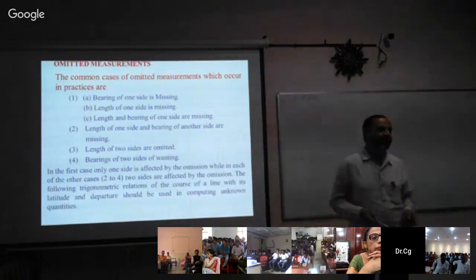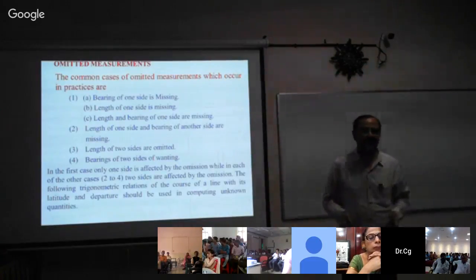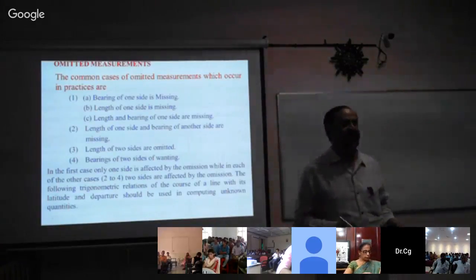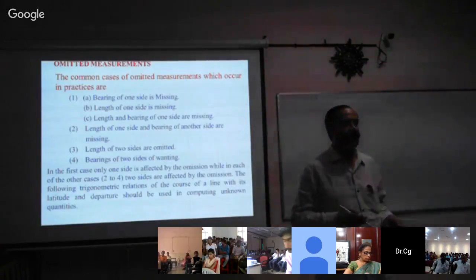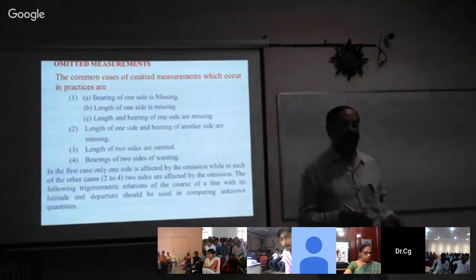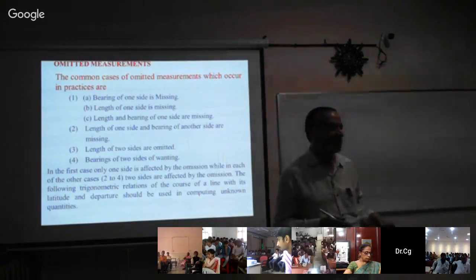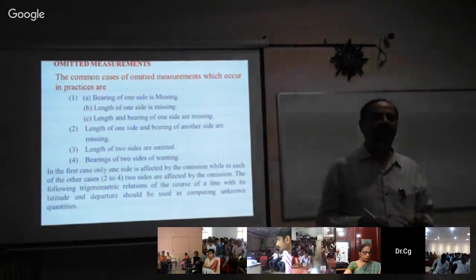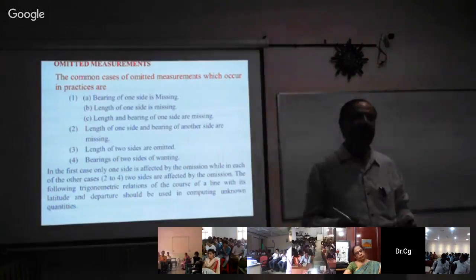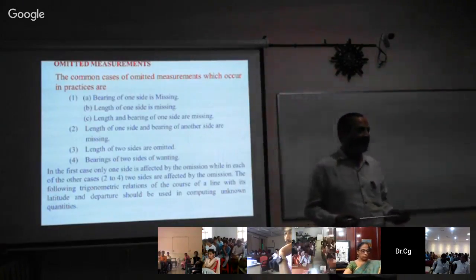Again, further, omitted measurements. Now we have discussed traversing. While doing this process, sometimes due to some reason, we may not be able to measure the length and bearings of some lines. Sometimes, even after measuring, we may lose the data which is recorded from the site.